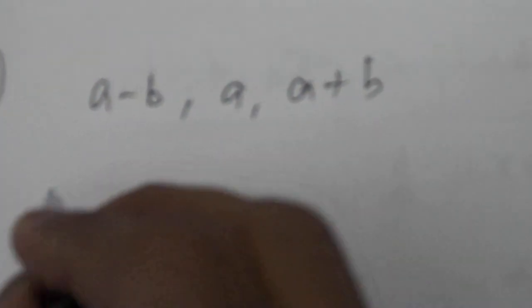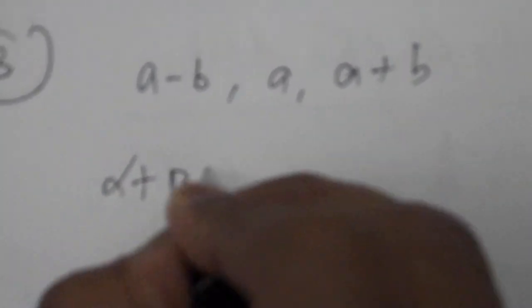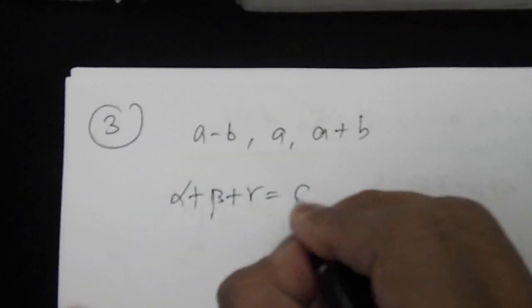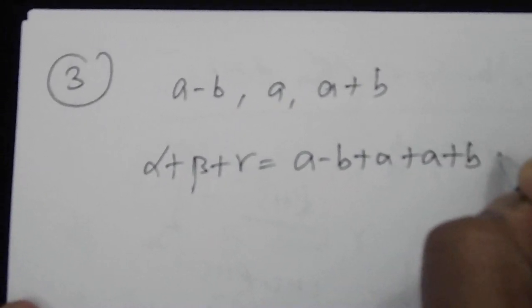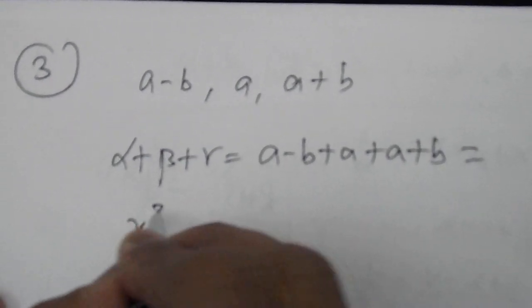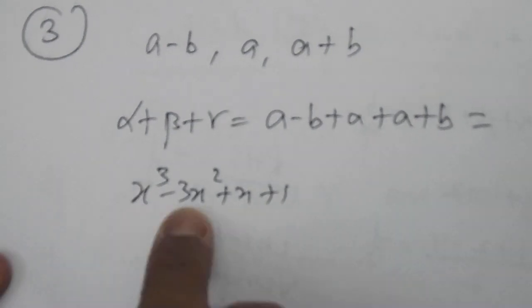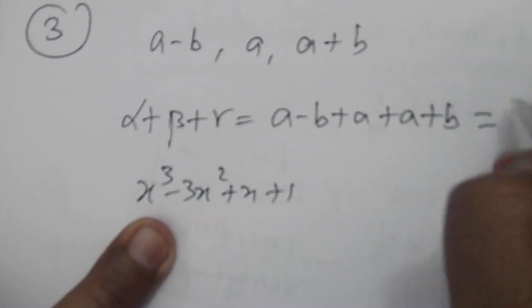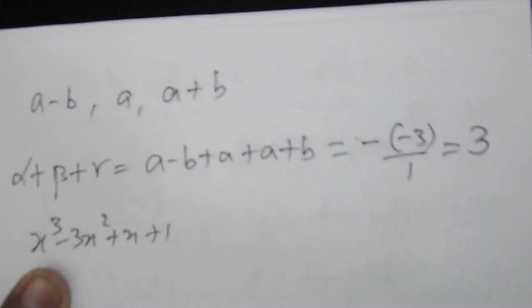The first relation we have got is if alpha, beta, gamma are the zeros, alpha plus beta plus gamma, that is the sum of these 3, a minus b plus a plus b, which is equal to minus b by a, and the polynomial given is x cube minus 3x square plus x plus 1. So b is minus 3, so minus of minus 3 upon 1, which is 3.